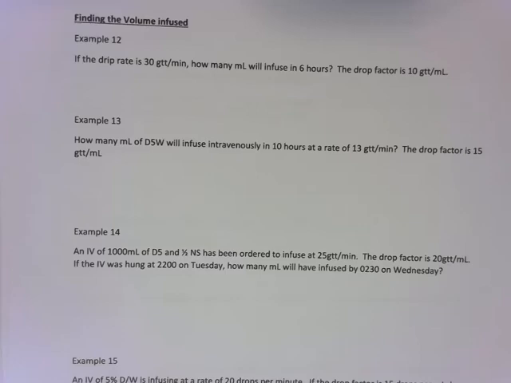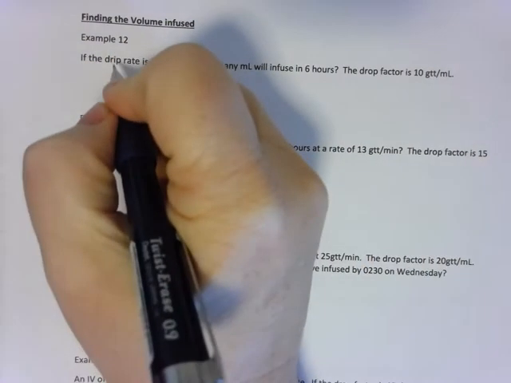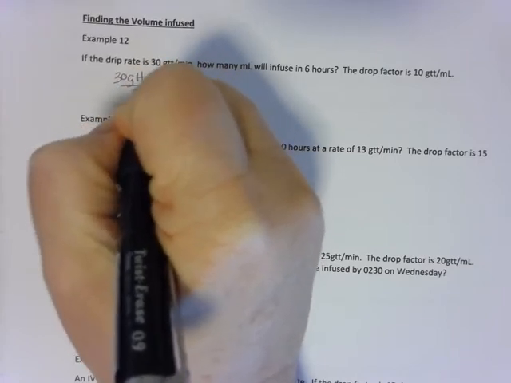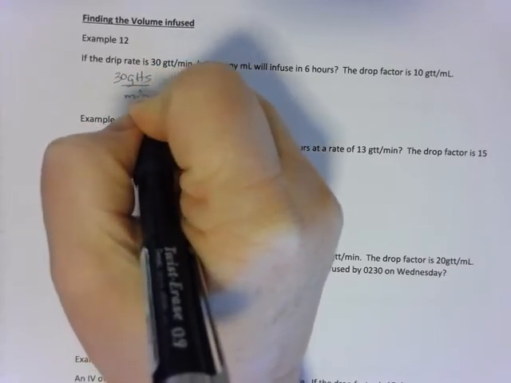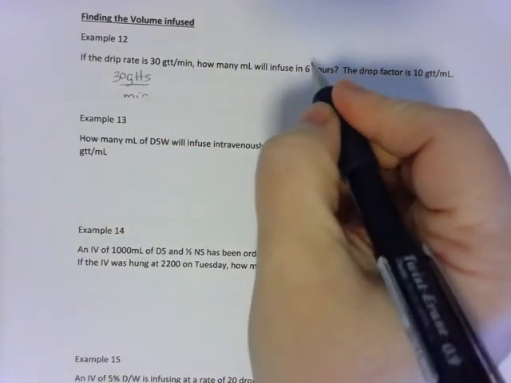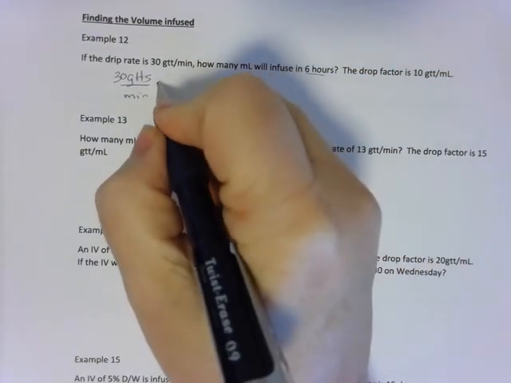Let's finish up our chapter 19 notes. So here we're looking at a drip rate of 30 drops per minute, and we're looking at 6 hours.